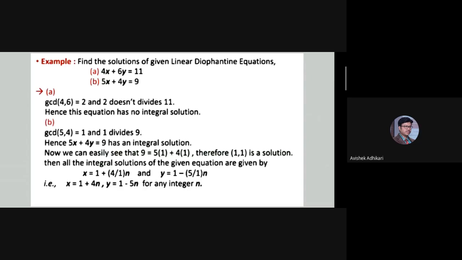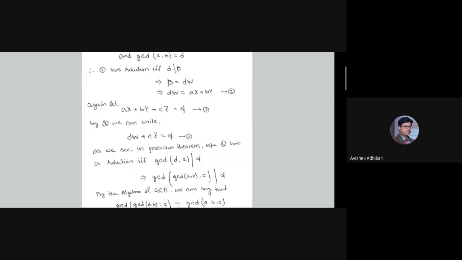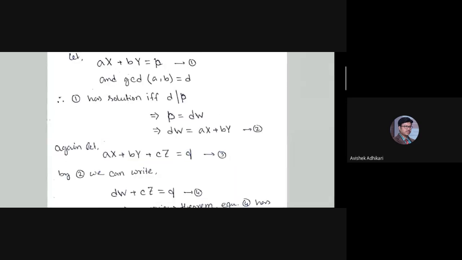Now we come to our second method. This is the mechanism of how to find whether a linear Diophantine equation in n variables has a solution or not.